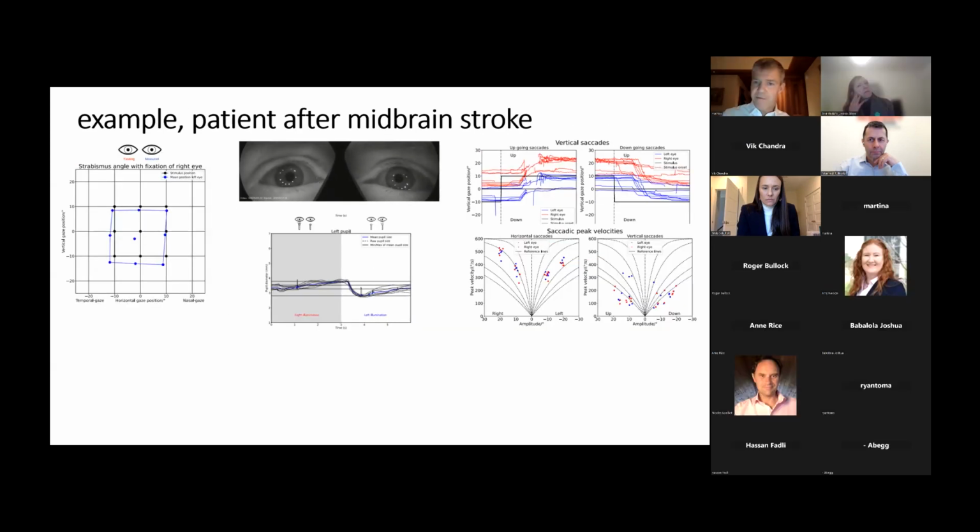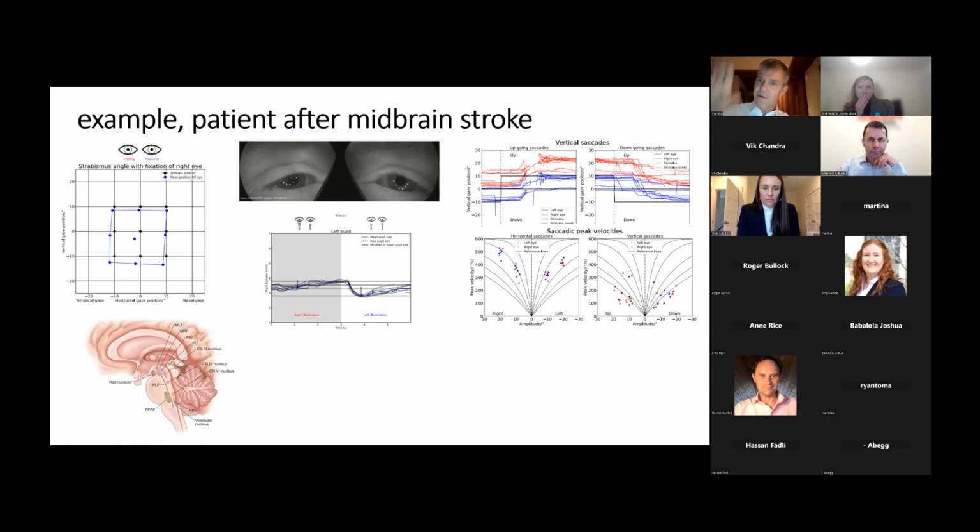If we don't know by heart, we take an anatomy book, and we know there is a region in the brain, this one here, called RIMLF. That's the region in the brain that programs rapid vertical eye movements. And this patient has a problem with vertical eye movement. So we know he has a lesion at this point.